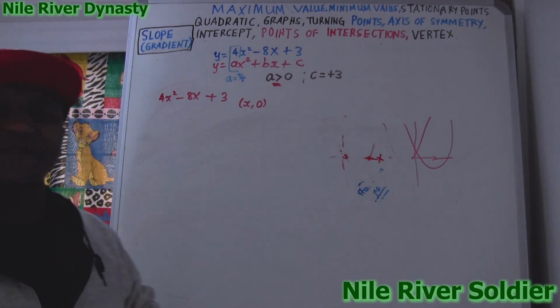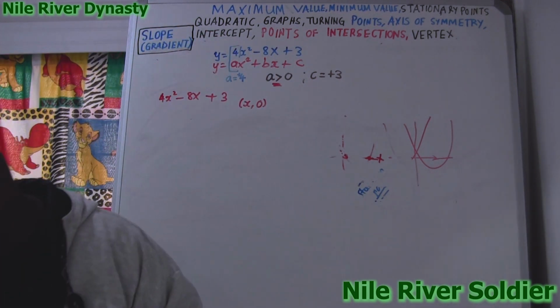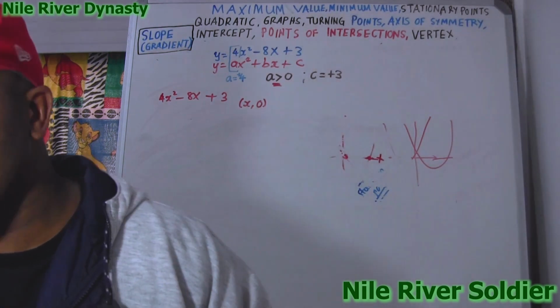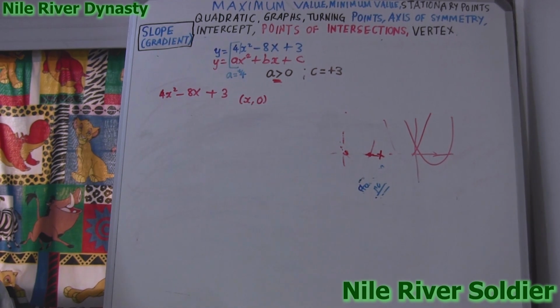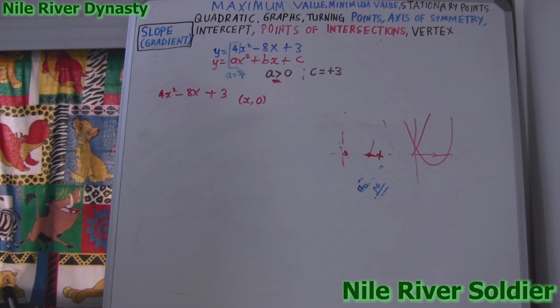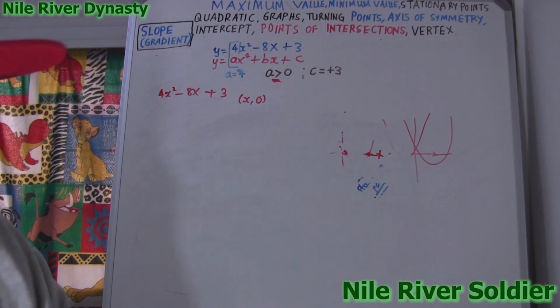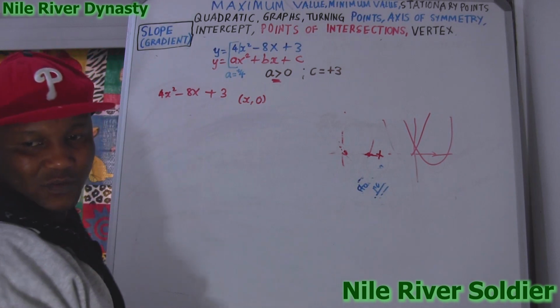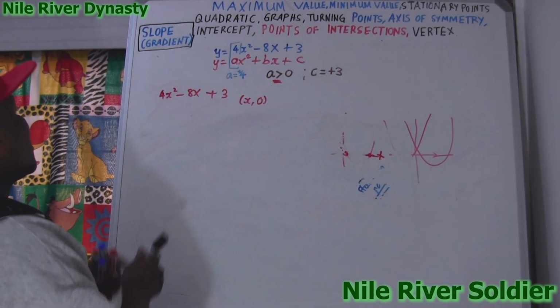Since this is quadratic, there's a very small formula that you're going to have to use. Either they give it to you, or you can go to the formula sheet. I remember in my time when I was doing this stuff, they weren't giving it, you had to memorize it. I think the new generation, they always give you stuff. So this is the formula that you use.